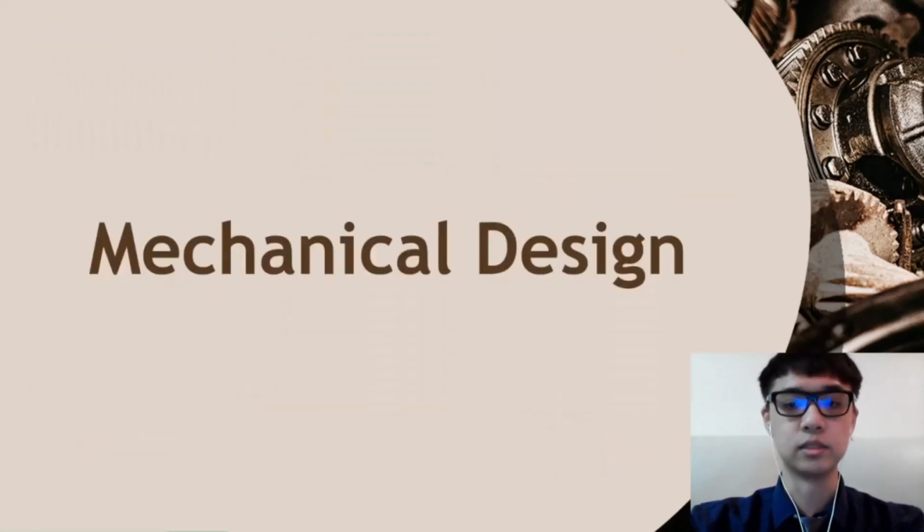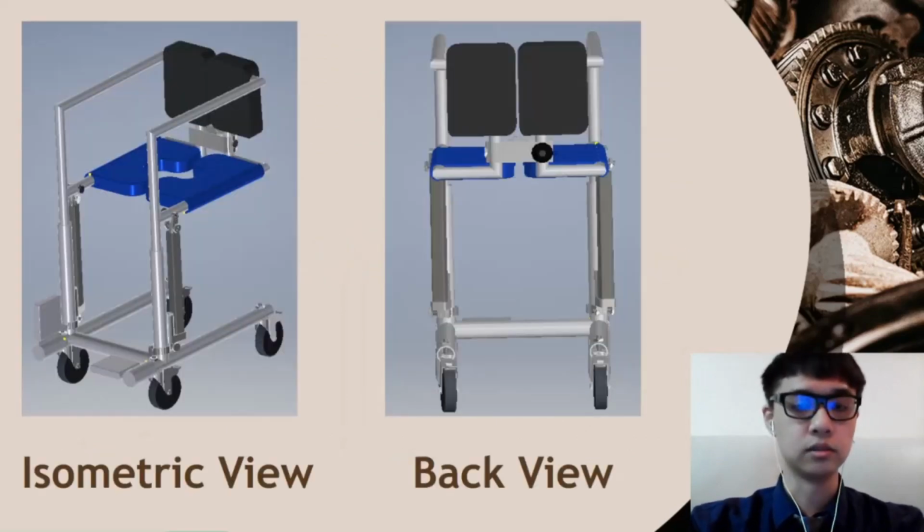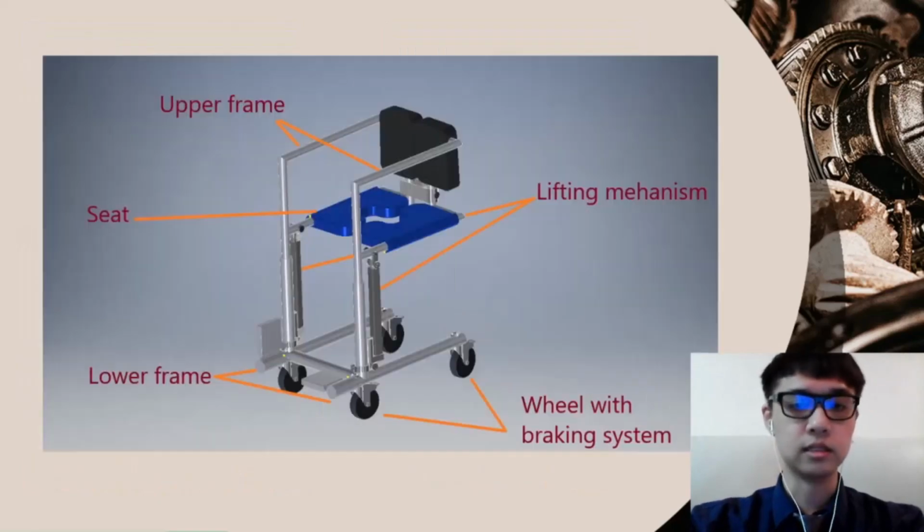So next I will proceed to the mechanical design part. This is the design for our transfer wheelchair. There is the isometric view and the back view. You can see there are 4 wheels here with the braking system, and we are using 2 linear actuators as a lifting mechanism.